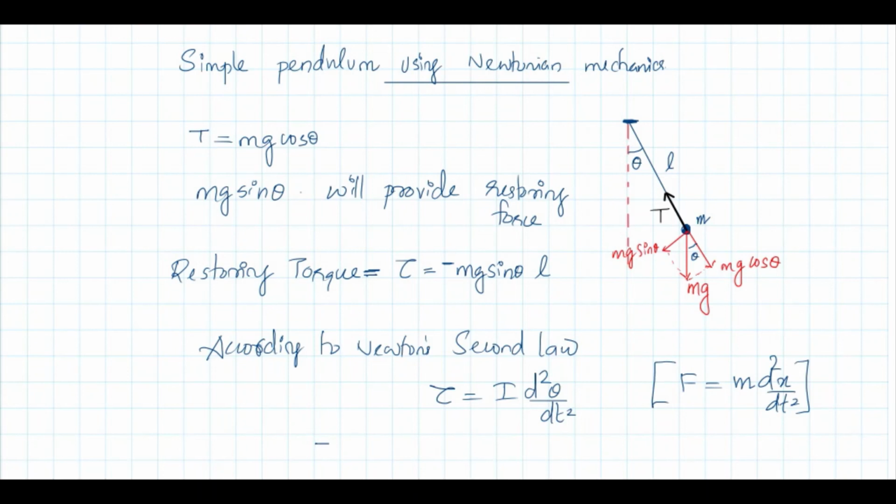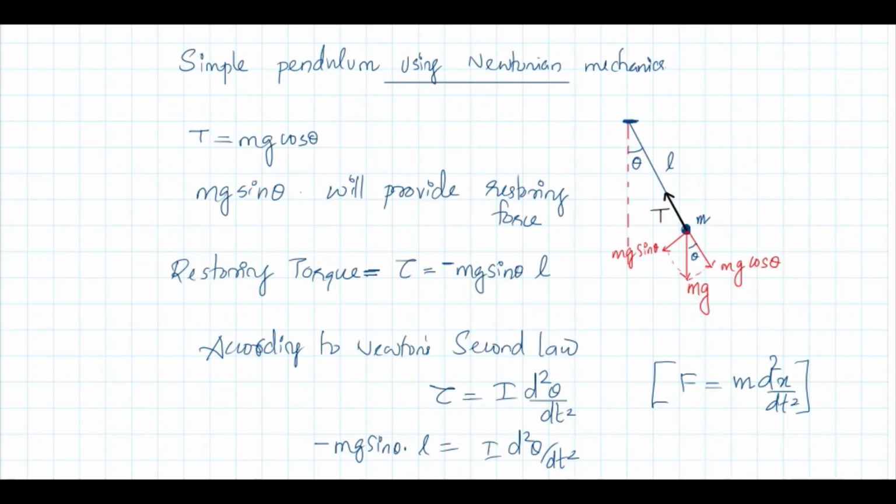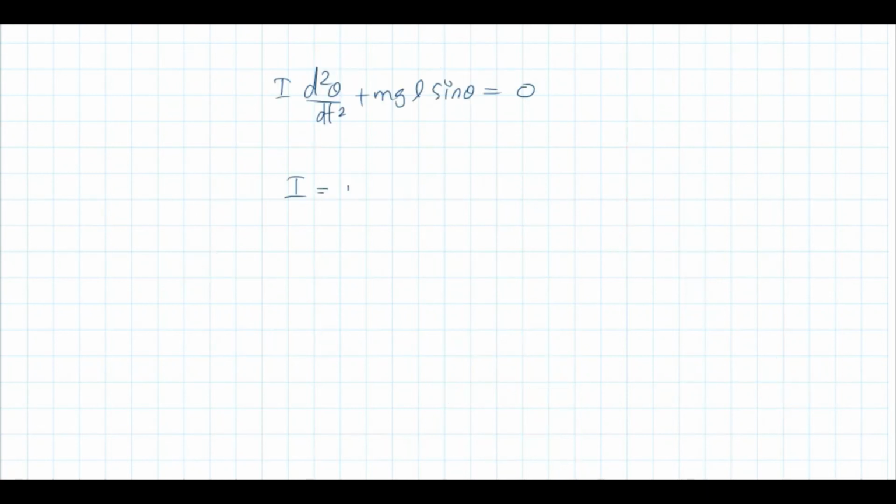What is tau here? Minus mg sin theta into L is equal to I into d square theta by dt square. So I can write it as I d square theta by dt square plus mgl sin theta equal to 0. Now what is the moment of inertia I? For a point mass moving at a distance L from an axis, it is given by ml square.